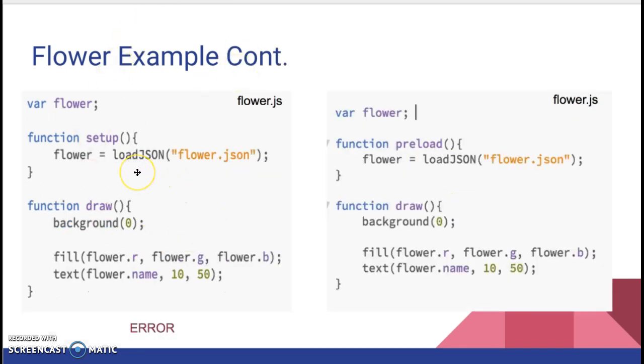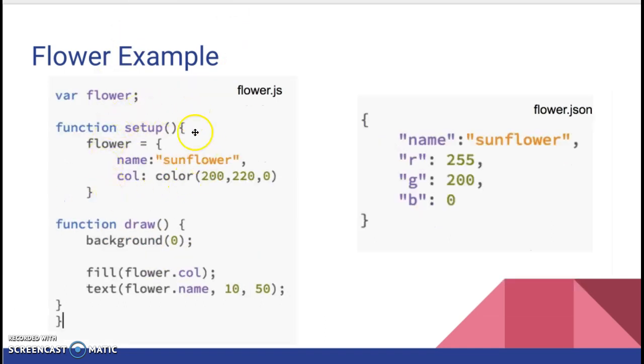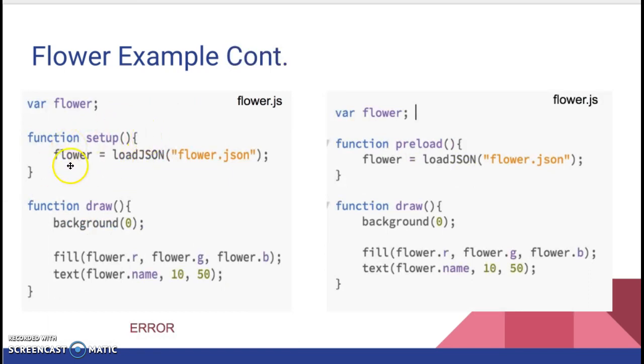So then we'll be able to load our JSON file using this notation over here. So instead of keeping, in our previous example, all of the information about our object flower, we're just going to say now our variable flower equals load JSON, and then we're going to load our flower.json file that we had created in the last slide.